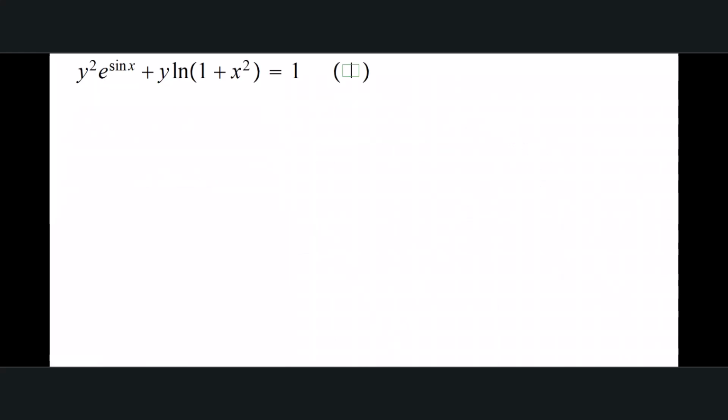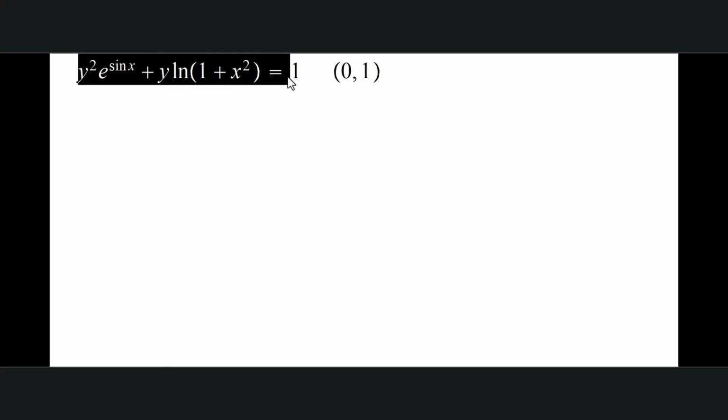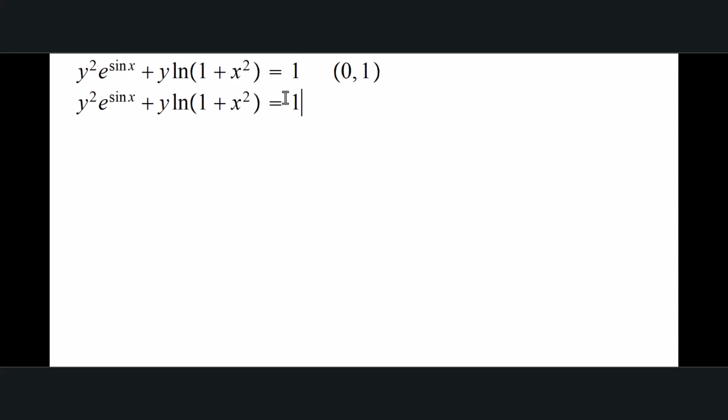So (0, 1) is a point on this graph, and you can verify it by looking at this. If you substitute y equals 1, x equals 0, what do you get?